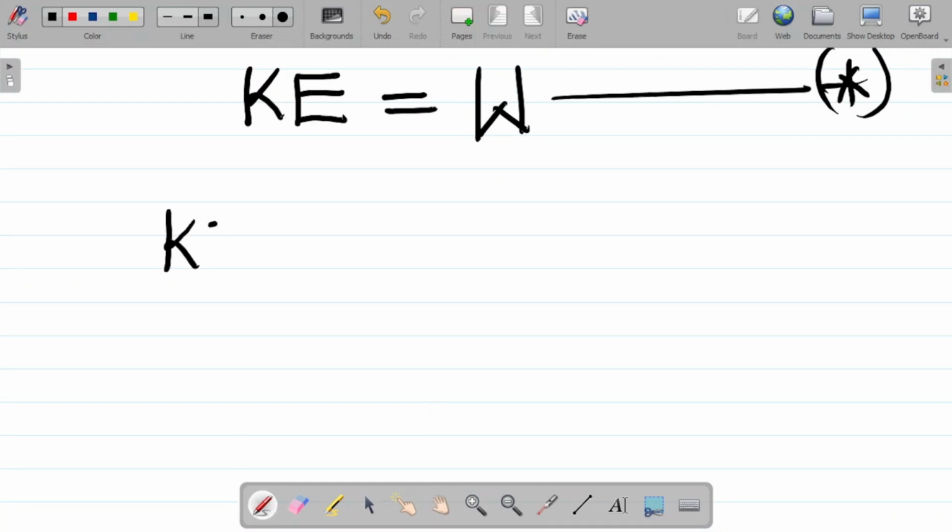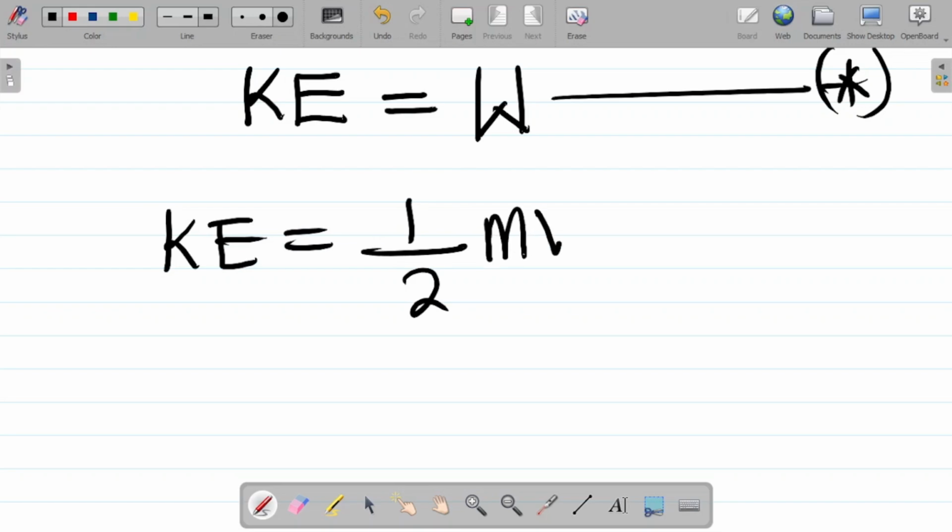KE would be equal to, we know that the formula is half times mass times velocity squared. Now we said for this to be escape velocity, the velocity you have here is not just V, but Ve, known as the escape velocity.